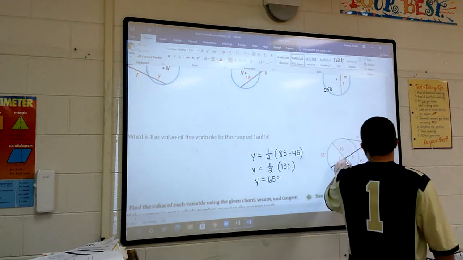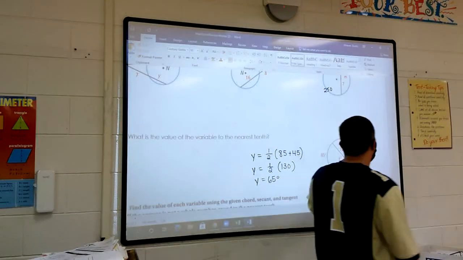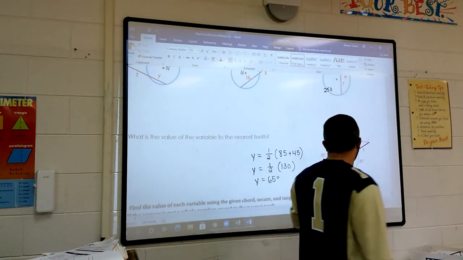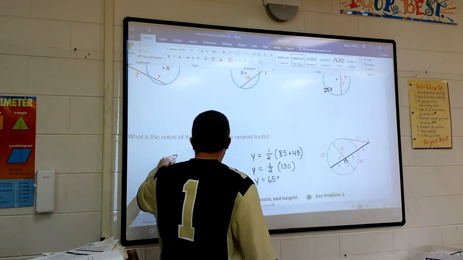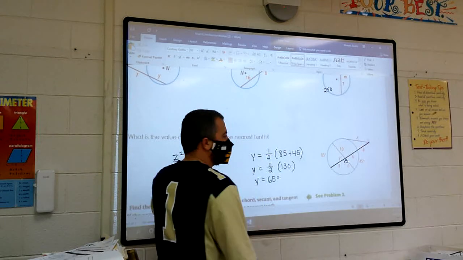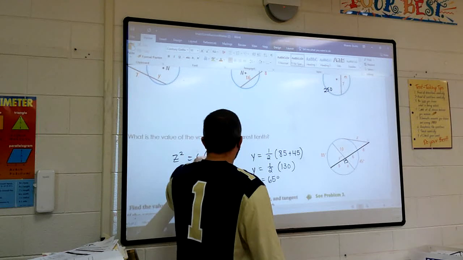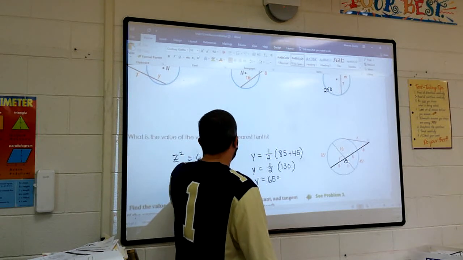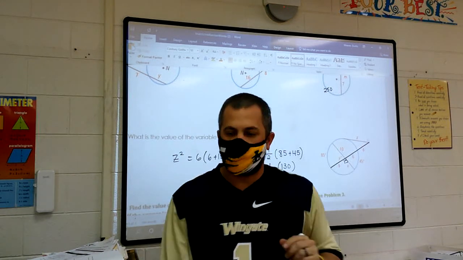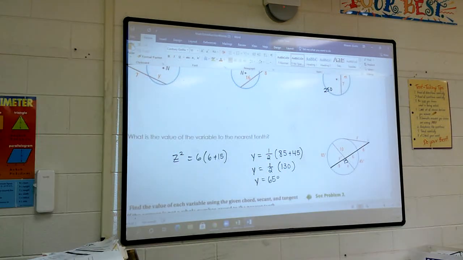So this line is 15, the part inside the circle. The part outside the circle is 6. So let's say z squared equals the part outside the circle distributed into both parts, the part outside and the part inside. That's the one that we just did in the last set of problems.